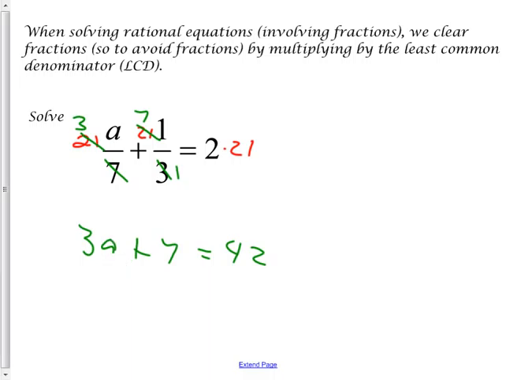All right. I want you to try another one like that. A over 9 plus a over 3 equals 4. Multiply by something smart. Solve it.